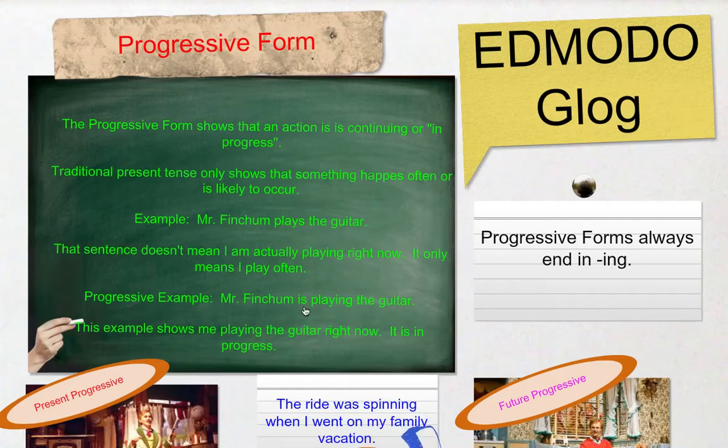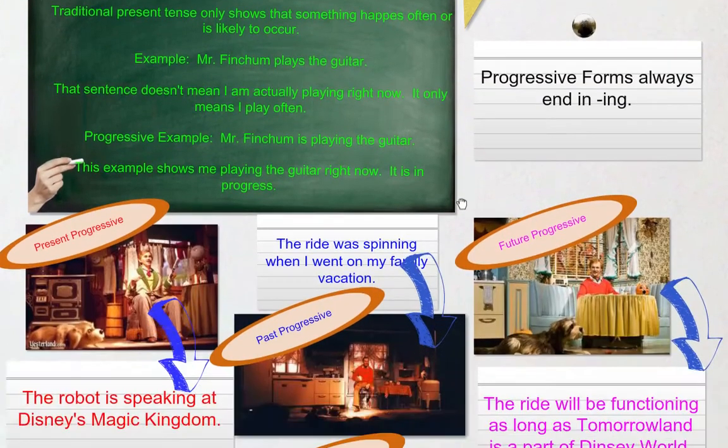And then you also add your form of be. Okay, so this one, Mr. Fincham is playing the guitar, that is an example of this in progress. Now, I told you in order to be progressive, you have to have your corresponding verb be with your ing verb. Okay, so let's take a look at some of these exactly.